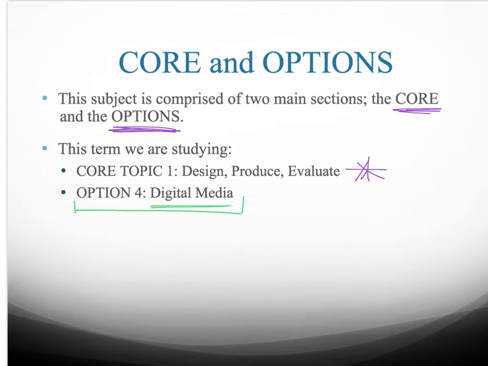Digital media is all about how our society has developed into what it is today, which is increasingly digitised. How it's moved from where it was 20 or 30 years ago into what we take for granted these days.